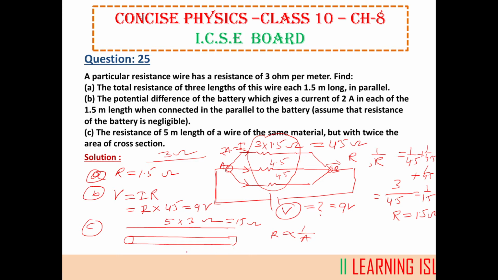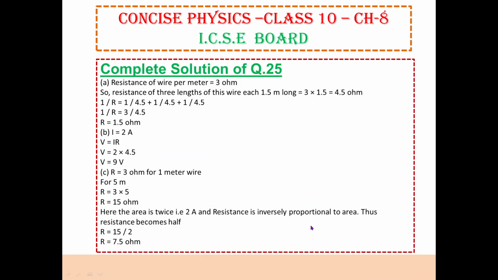So if the cross sectional area increases, the resistance will decrease, and if the cross sectional area decreases, the resistance increases. So here the final resistance R dash of the 5 meter length would be 15 by 2, that is 7.5 ohm. So this is the answer. Get the final answer here. You can pause the video and write it down.